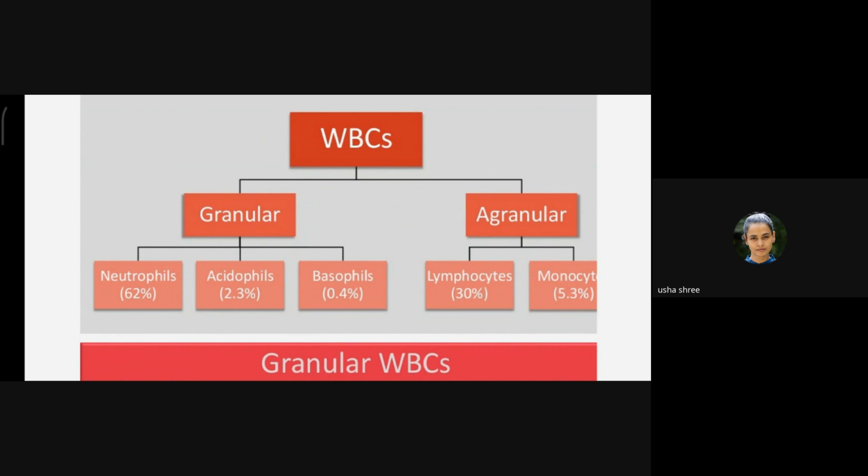But you have to remember all the 5 types of WBC. Very important question. Neutrophil, acidophil, basophil, lymphocyte, monocyte. These are the 5 types of WBC, mainly divided into granular and agranular. Granular contains the first 3, neutrophil, acidophil, basophil. Agranular contains lymphocyte and monocyte. Very, very important question, types of WBC.